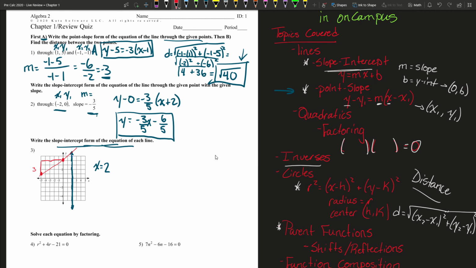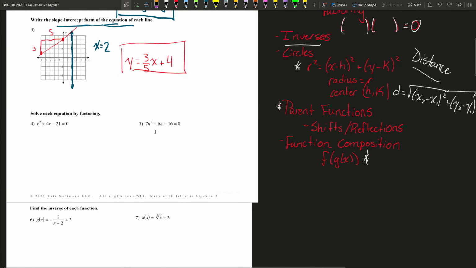So our slope would be 3/5, and our y-intercept is 4. That's really an example of something that you would see. Now, we need to know both, but we'll see something more that looks like this. So that's all of the line stuff.